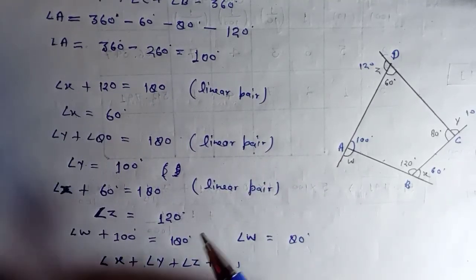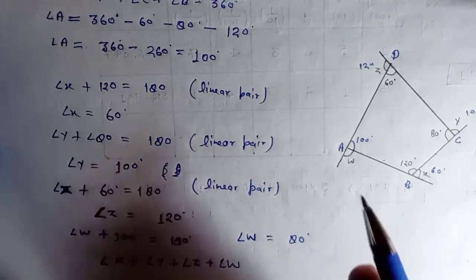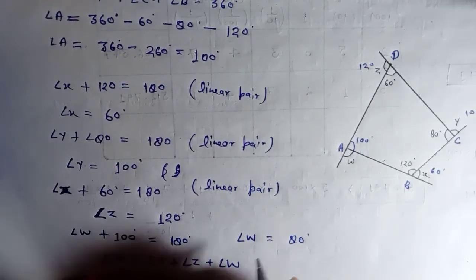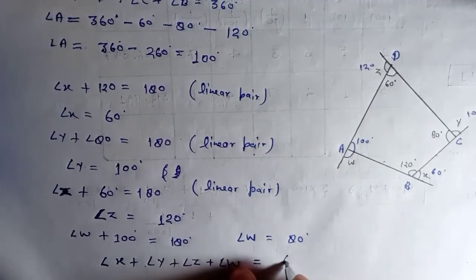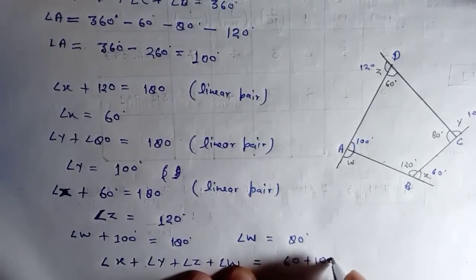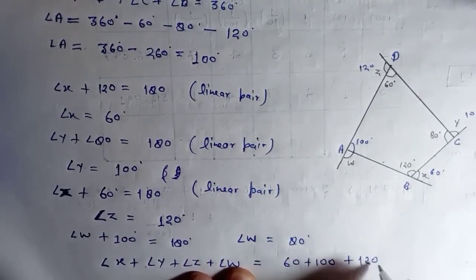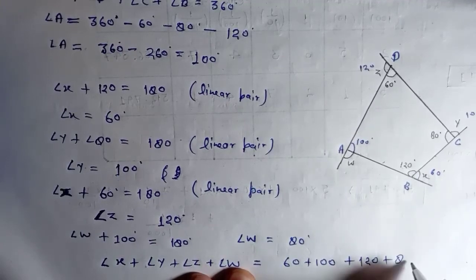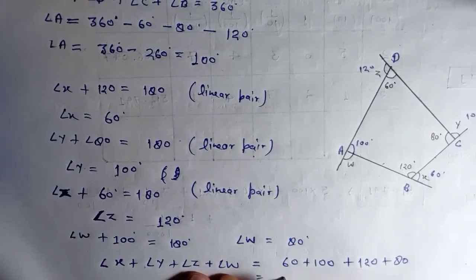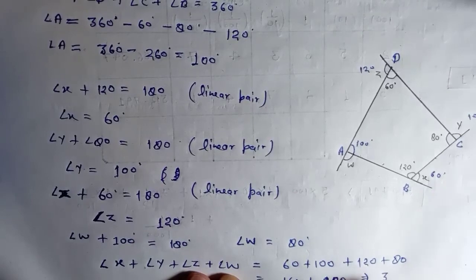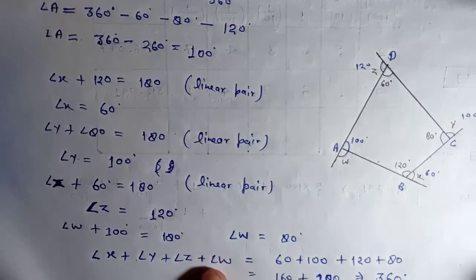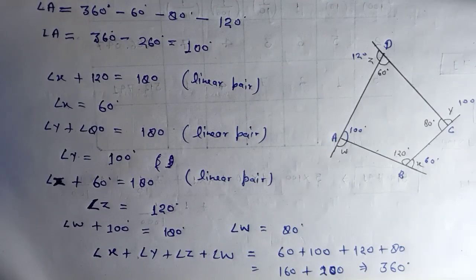So x plus y plus z plus w is equal to, add these numbers, 60 plus 100 plus 120 plus 80. It is 160, and it is 100, and it is 200. So we get 360 degrees, the complete answer. This is the answer of part B of question number 7.